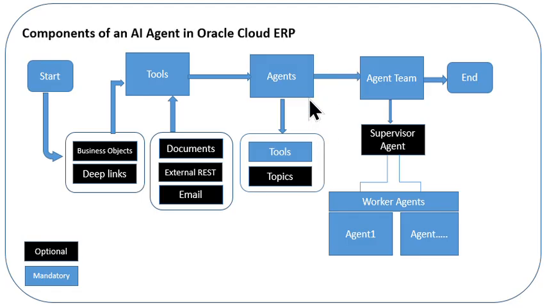Based on the agent that you define, you then have to define an agent team. An agent team comprises a supervisor agent and worker agents. Defining a supervisor agent is not mandatory, as you can see here. And based on the agents that you define in the earlier step, you can pull in those agents based on the business requirement into the agents team.